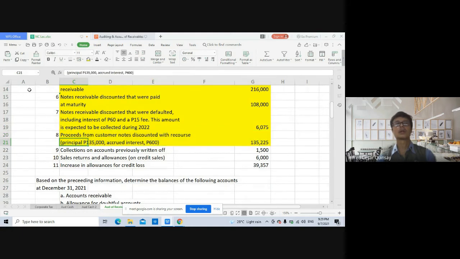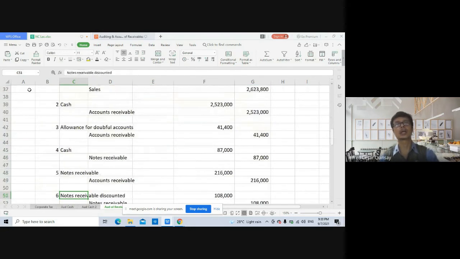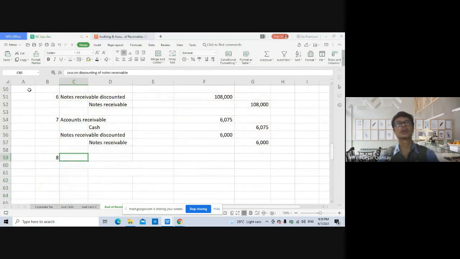Now the value of the note, the principal is 135,000 and the accrued interest is 600. The accrued interest, ito yung nagbe-bear ng interest, no? Ito yung dapat matanggap nung company. Kaya lang minsan hindi yun yung natatanggap, no? So that's why, let's take up this entry.